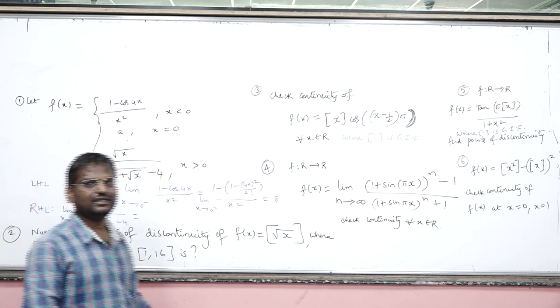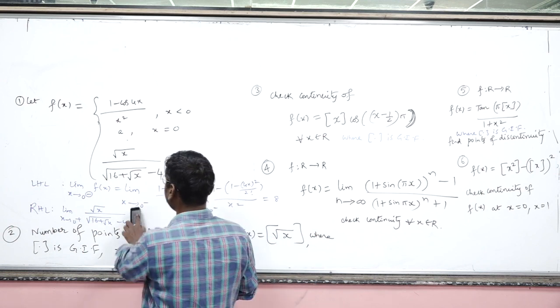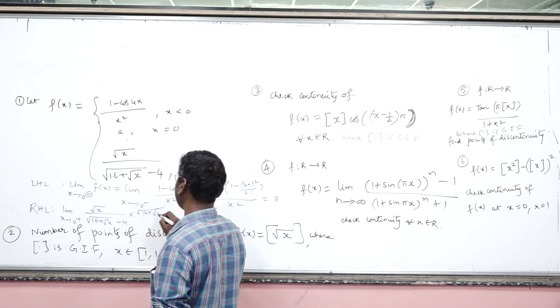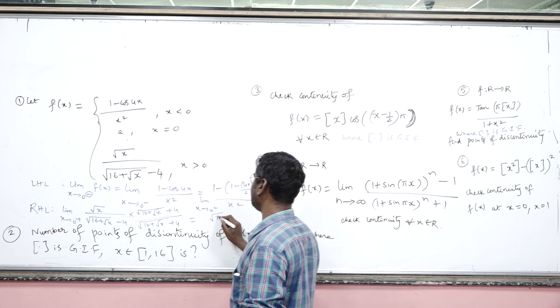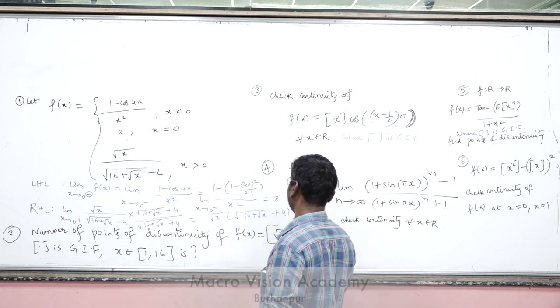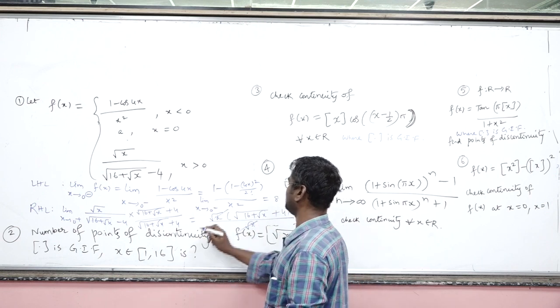As soon as you see an irrational denominator, we try to rationalize it by multiplying with the conjugate. So multiply with root over (16 plus root x) plus 4 by root over (16 plus root x) plus 4. That is root x into (root over (16 plus root x) plus 4) divided by this minus this, that is root x.